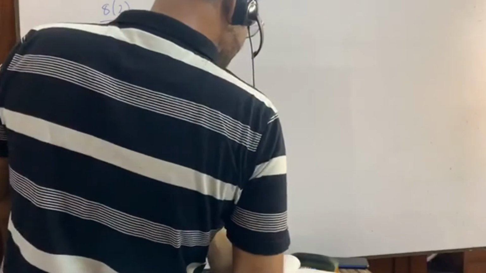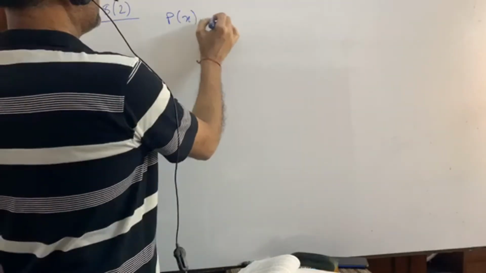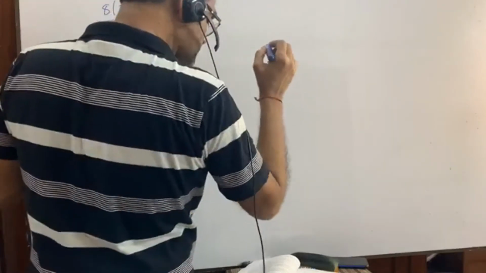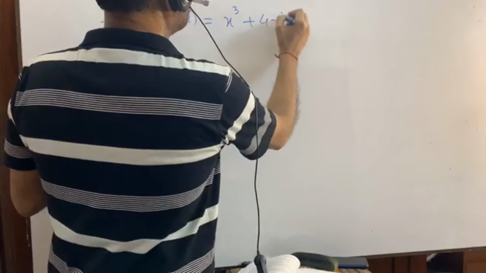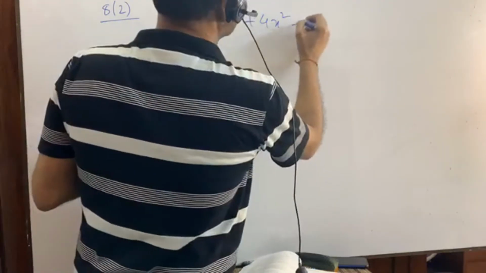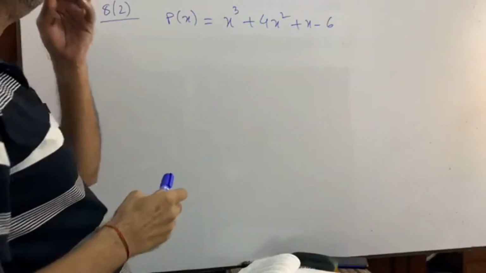Now you see, p of x is given as x cube plus 4x square plus x minus 6. You have to resolve it into factors.